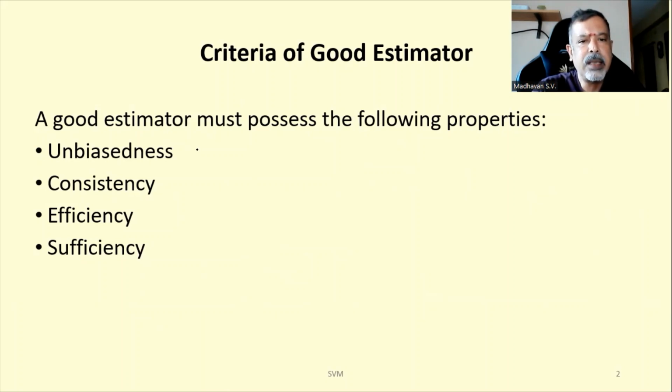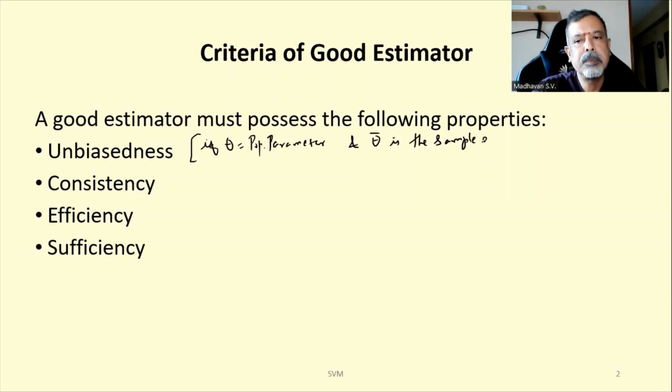If the expectation of theta bar is theta only, then we say that the estimator, theta bar, possesses the property of unbiasedness.